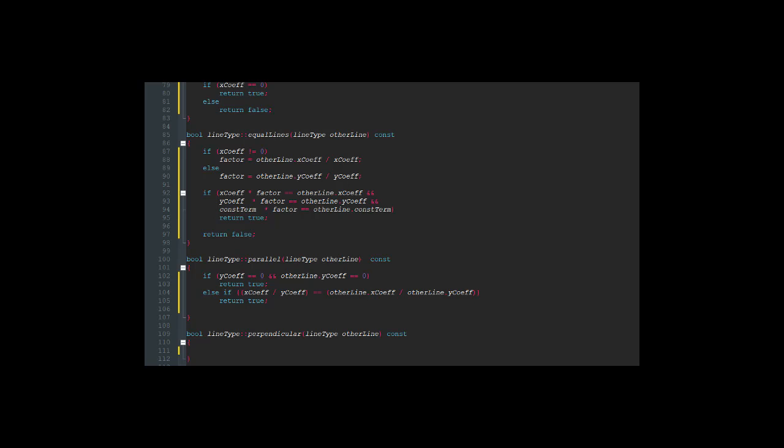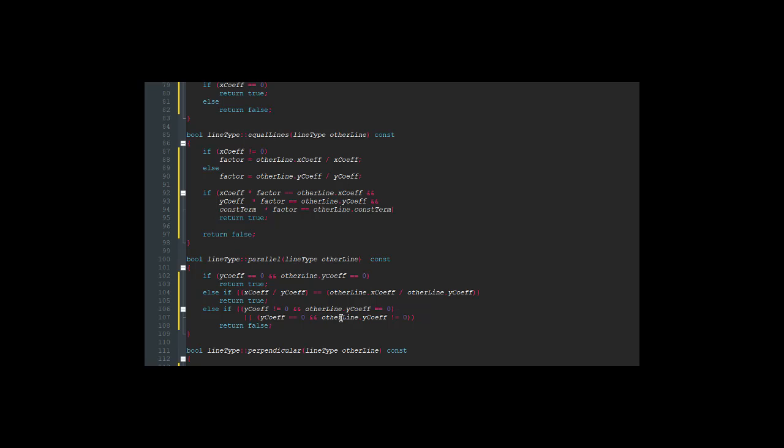And now, the way that we know that two lines for sure are not parallel is if one of the line's y coefficients is equal to 0 and the other line's y coefficient is not equal to 0.